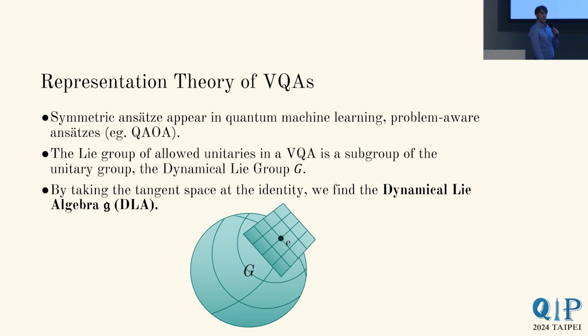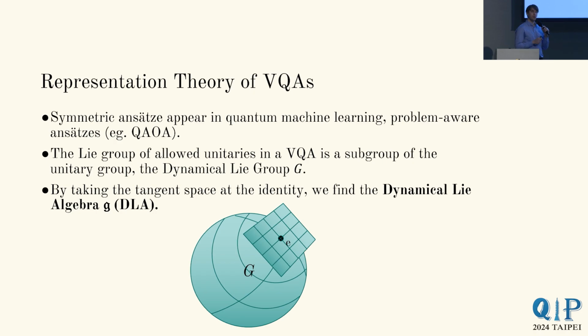Good, so let's start with a brief outline of the context that I'm talking about. I assume some of you may not be familiar with variational quantum algorithms, at least not the fine details. The things you should know is that variational quantum algorithms have an ansatz, which is a parameterized unitary.